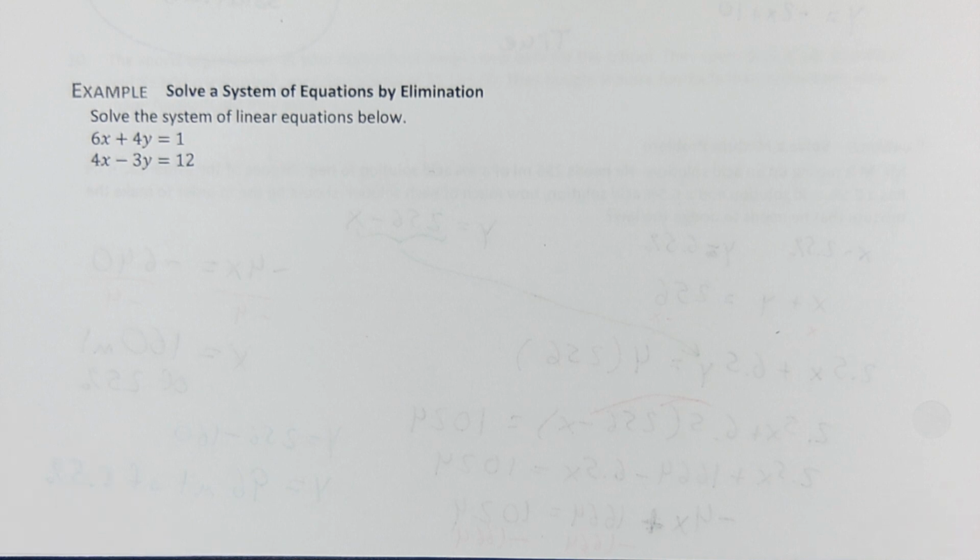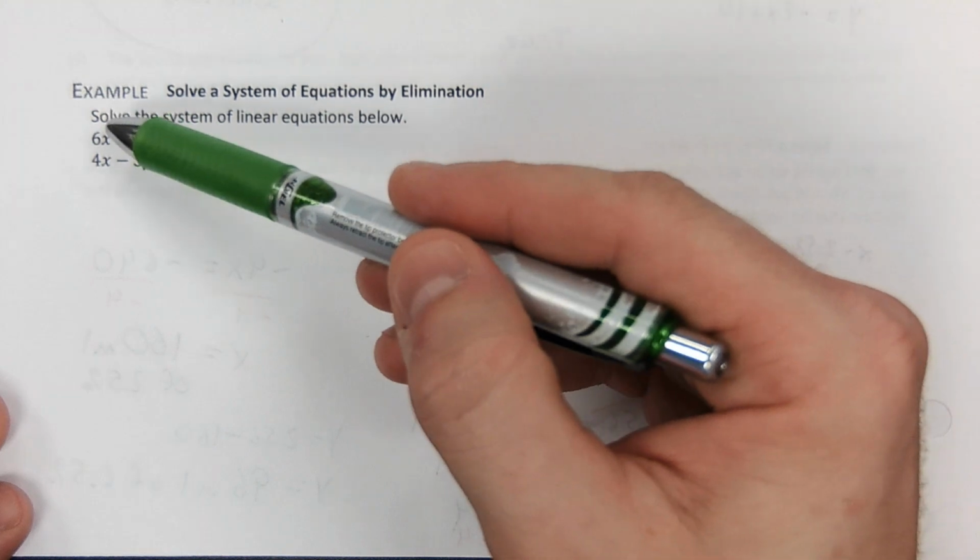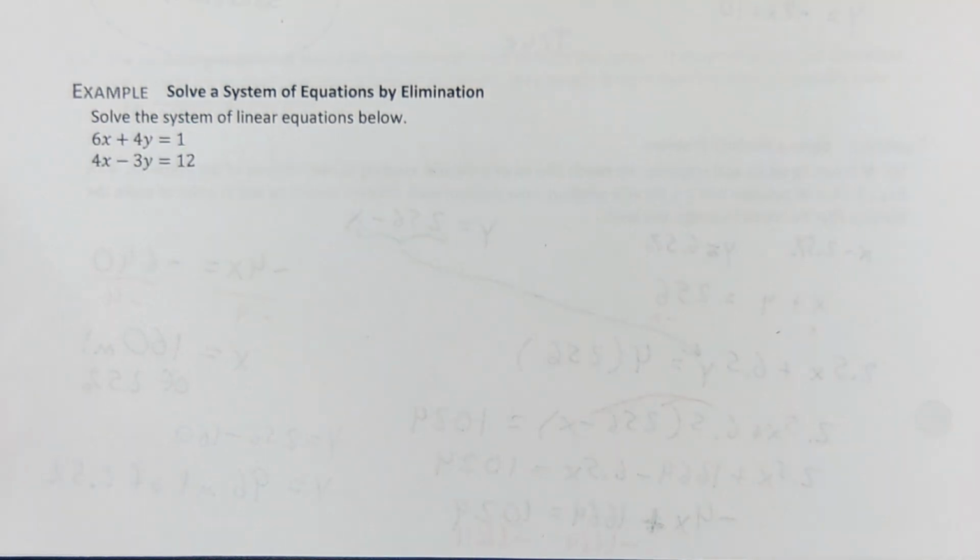But 6 and 4, they do have a common divisor. So I don't have to multiply the top equation by 4 and the bottom equation by 6 if I want my x's to match. Could I still? Sure. So why not just always do it that way? Big numbers, bigger fractions that need to be reduced. That's the only reason why.